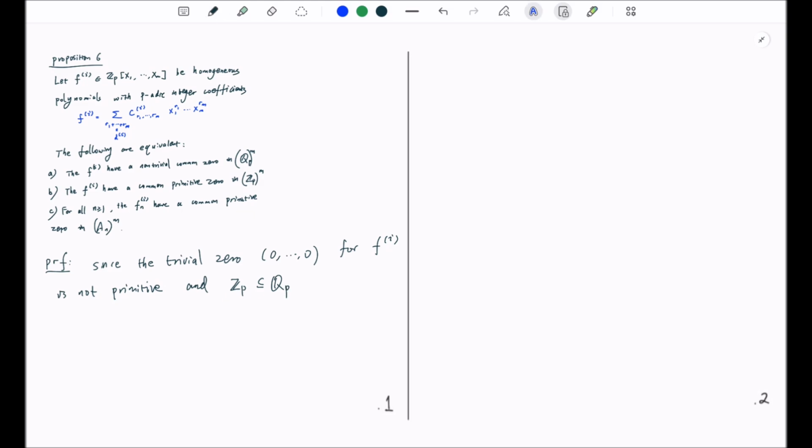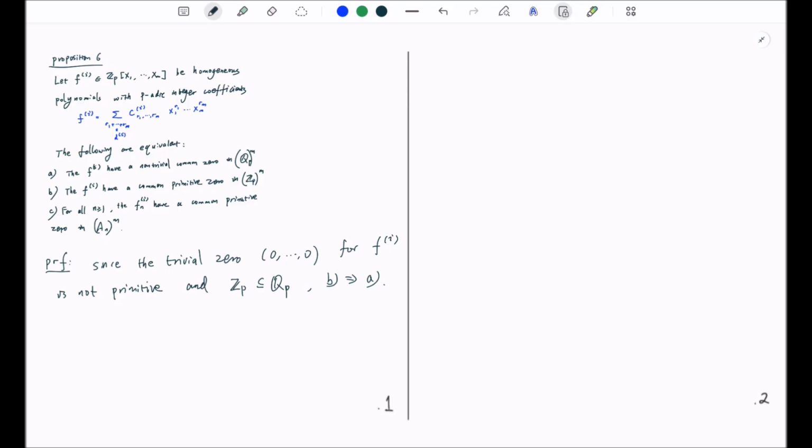We know that B implies A, because if we have a common primitive zero in Z_p^m, then that common zero cannot be the trivial zero. And that zero will become a non-trivial common zero for f^i's in Q_p^m. So B implies A.